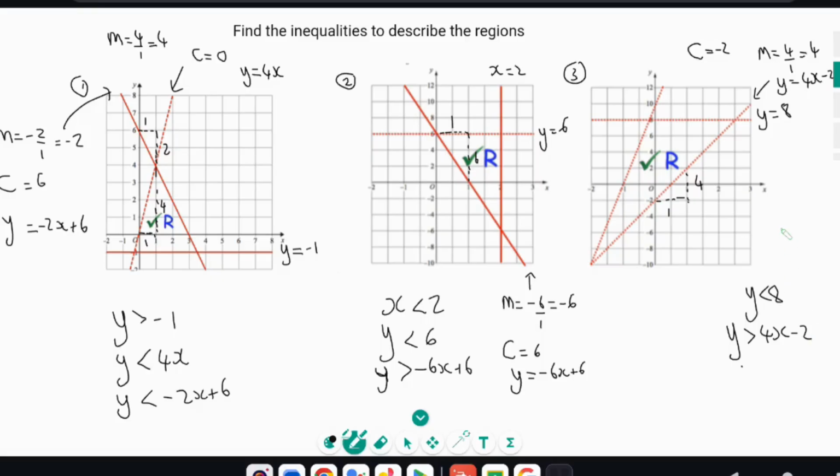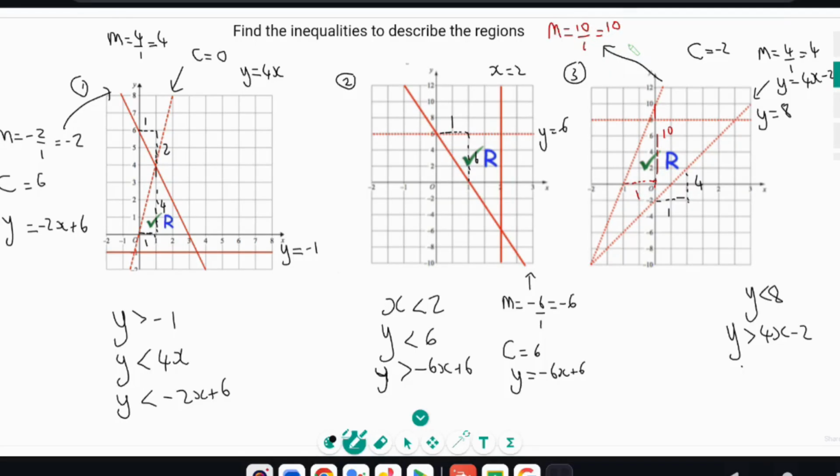And this last line here, just change my colour. Gradient, 10 and 1. 10 divided by 1 is 10.